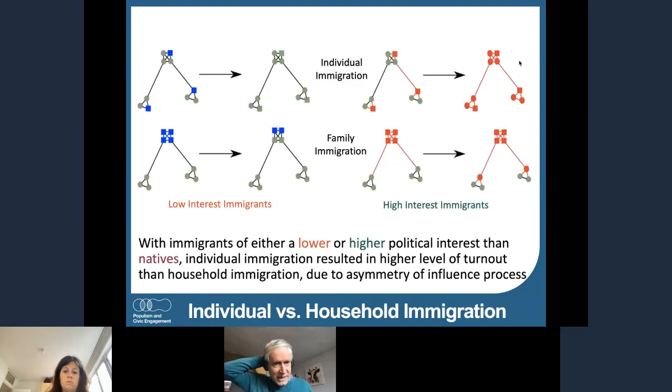One of the things they found out was that in this model, whether you had household immigration, so you had immigration of whole households, or whether you had individual immigration, makes a difference to the level of turnout. In general, immigrants increase the level of political participation in the population because they're more interested in politics than native British people.